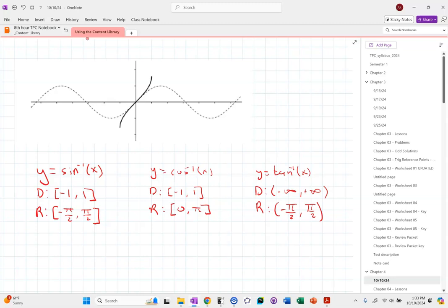Do they mean the same thing when we're writing interval notation? What do you guys think? Yes or no? No, they don't mean the same thing. What's the difference then? What does a bracket mean and what does a parenthesis mean?